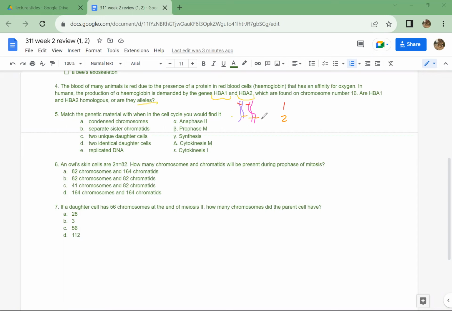We could have on the HbA2 gene a yellow allele or a dark red allele. So I definitely fumbled that one a little bit, but I was trying to trick you. We just need to understand the difference between chromosomes, which is where we find genes, which are represented by alleles.